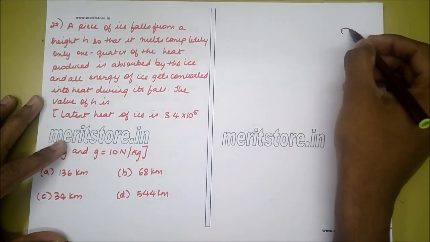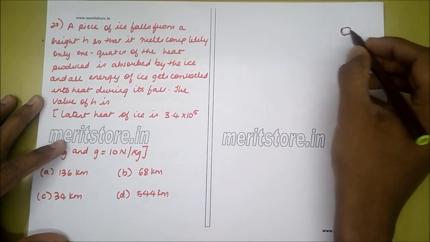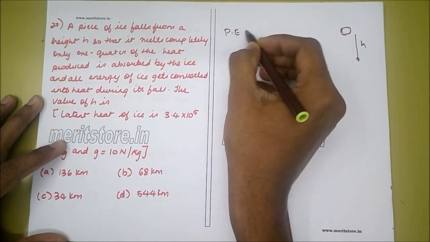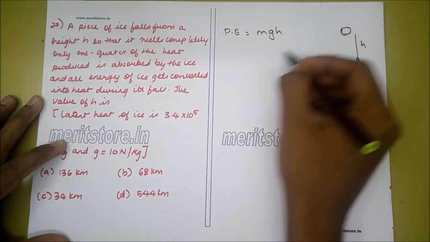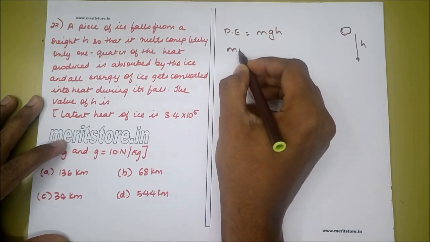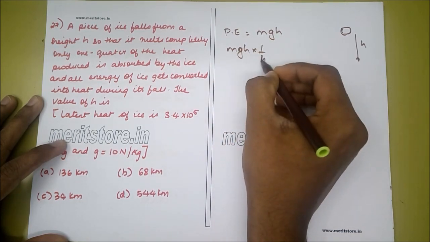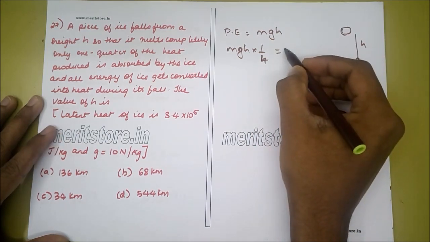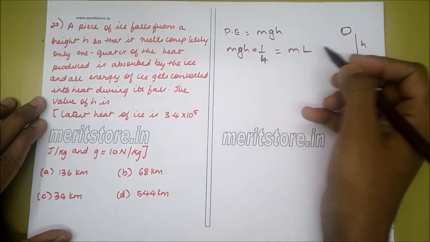Now, as this block of ice is falling through a height h, it initially possesses potential energy in the form of mgh at this height. When it is falling, only 1/4 of mgh is the amount of heat used to change the state, and the energy required to change the state is given by mass into latent heat.